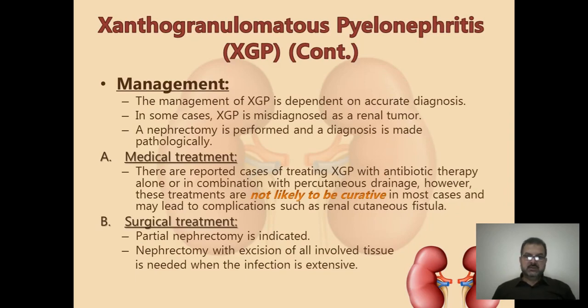Nephrectomy most of the time is performed, but actually, according to my experience, this will be a very difficult surgery, as the kidney is stony, hard, adherent, fixed to nearly all structures, so to dissect this kidney will be very, very difficult. Medical treatment has been reported in some cases, but it will not be curative. Most of the time you need to do nephrectomy, or at least partial nephrectomy.